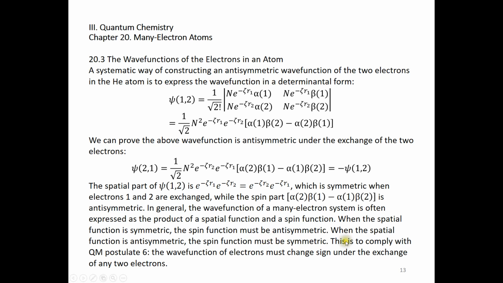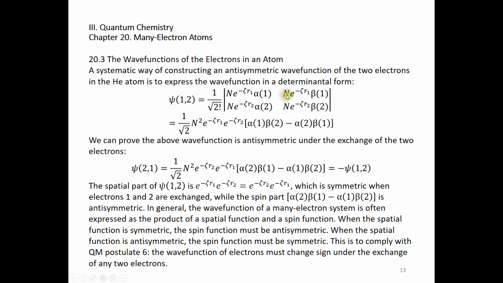And in the end, we need to apply quantum mechanical postulate 6. The wave function of the electrons must change sign under the exchange of any two electrons. Again, one systematic way of building an antisymmetric wave function is to use a determinant.